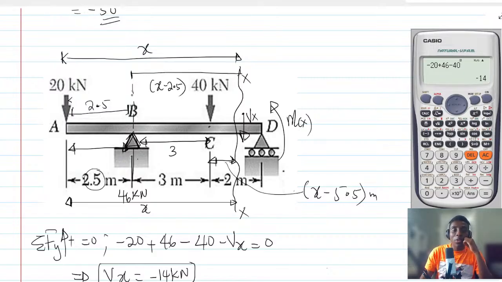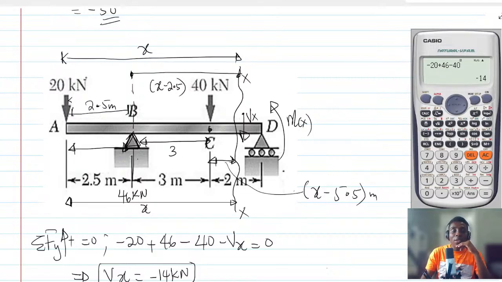Because I know that this distance from here to here is 2.5. So if I am interested in from B to where the x is, then it will be what I know minus what I don't know. So if I subtract this one from this, that is x minus 2.5, I'll get here. But if you are standing at C, the total distance for you will be 2.5 plus 3, which is 5.5. So if you have this small space here, that one will be x minus 5.5. I hope the concept is clear.